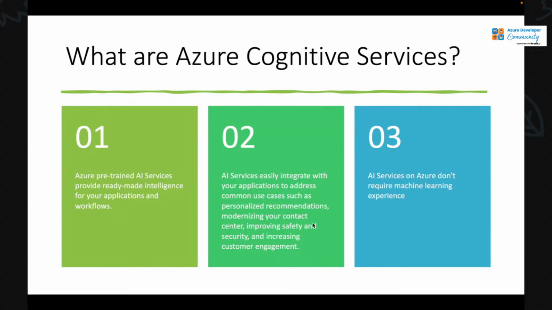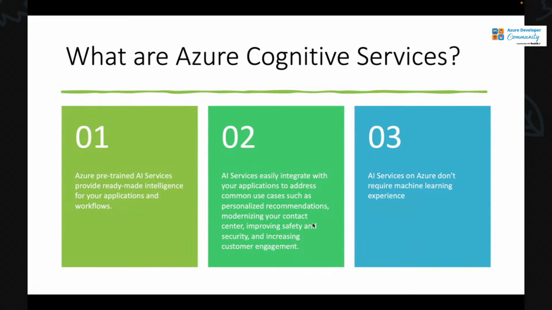The second point develops from the first one. As I said, you can easily integrate them with your applications to address common use cases such as moderating your content, personalizing your recommendations, speech to text, text to speech, security, or customer engagement, whatever enhances your productivity as well as your user experience. The third one, which is the most important, is that AI services on Azure do not require you to have machine learning experience.